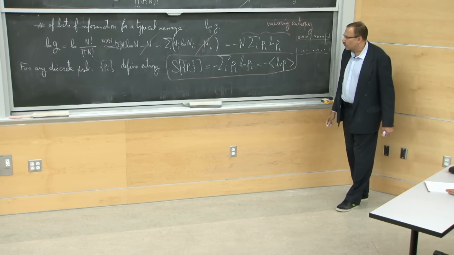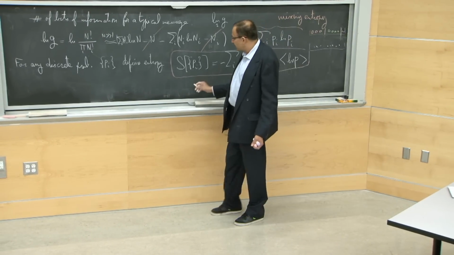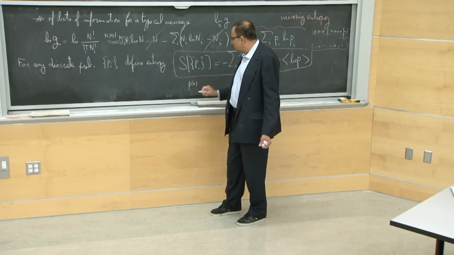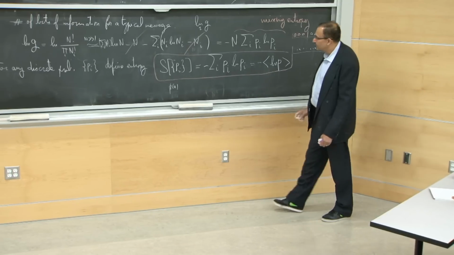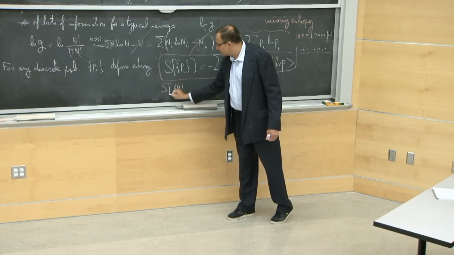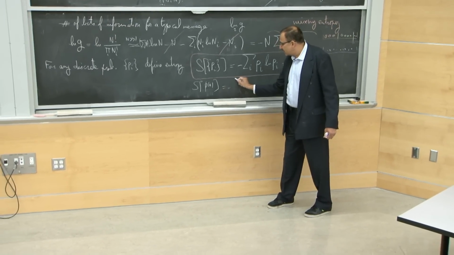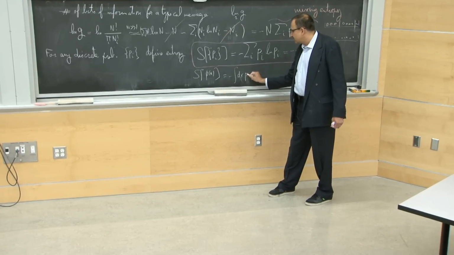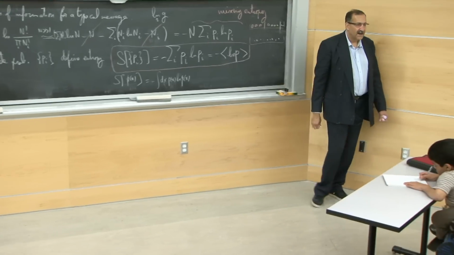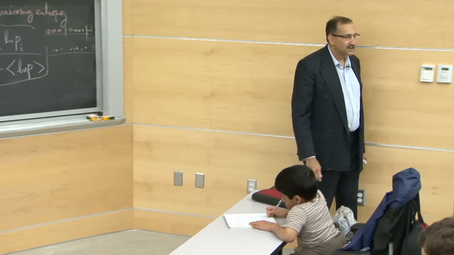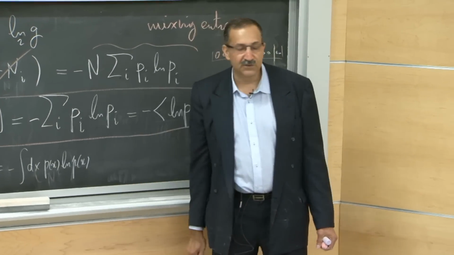It turns out that we will also encounter cases later on where, rather than having a discrete probability, we have a probability density function. And we would be very tempted to define an entropy associated with a PDF to be something like minus an integral dx p of x log of p of x. But this is kind of undefined because probability density depends on some quantity x that has units.